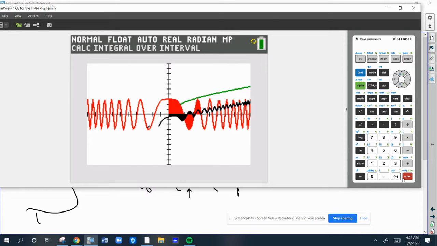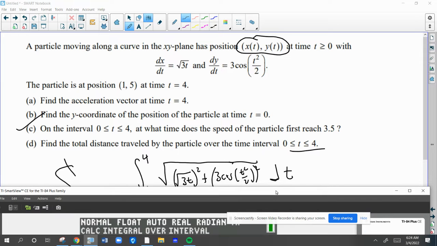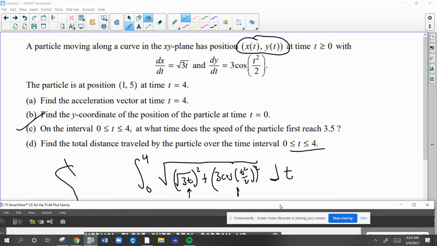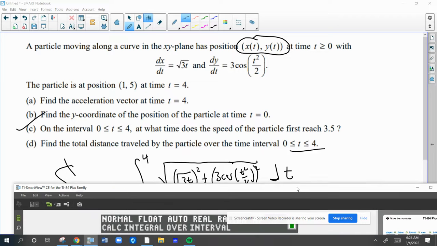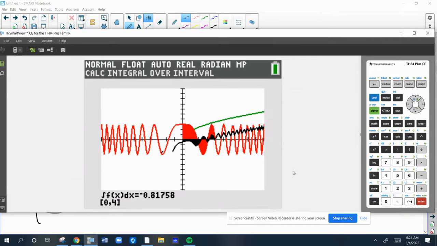The answer is negative 0.8175. And that is all.